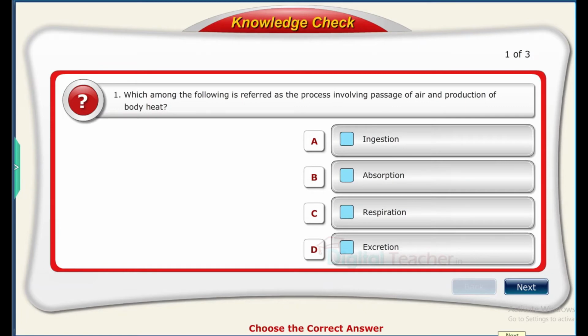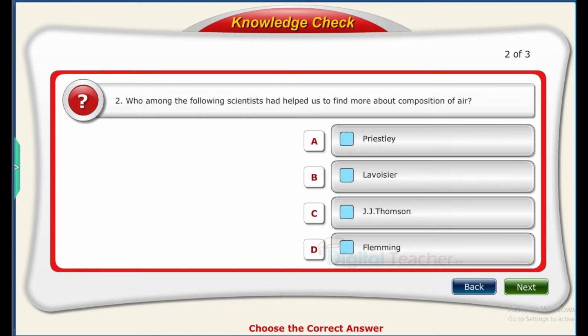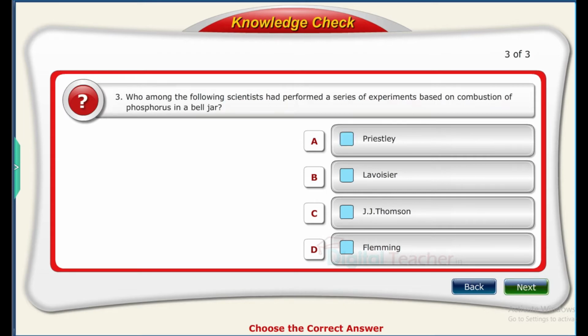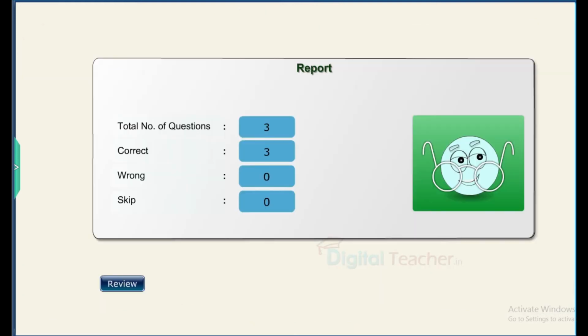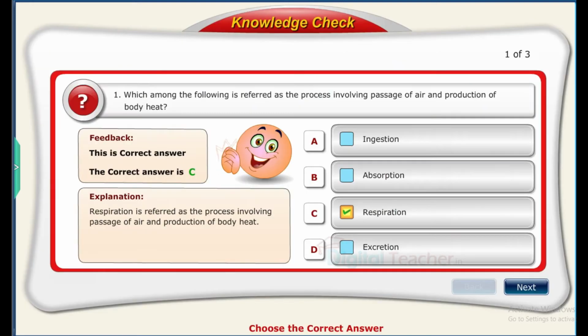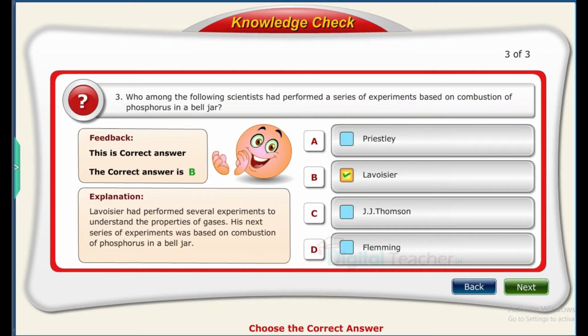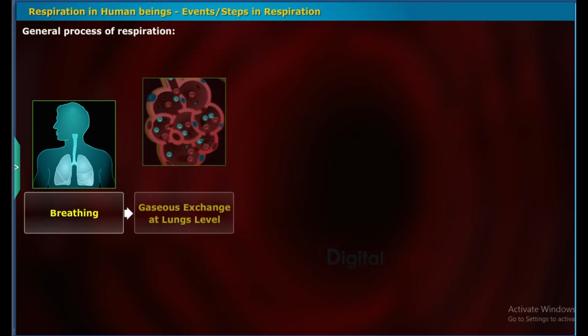Attempt the following questions to check your understanding. The events or steps in respiration.